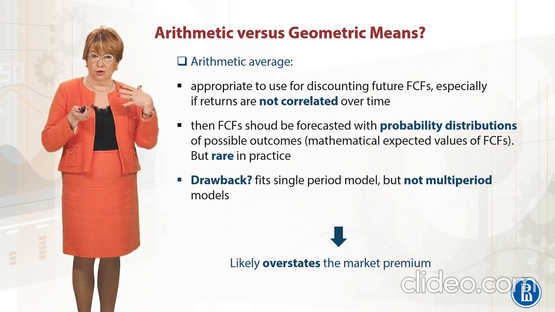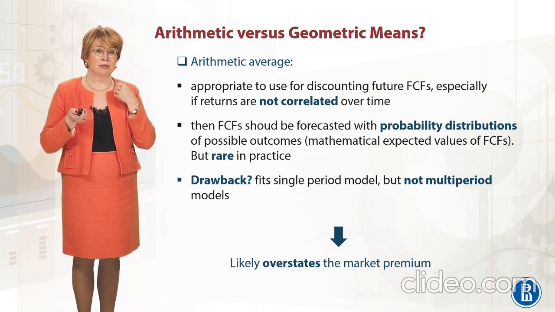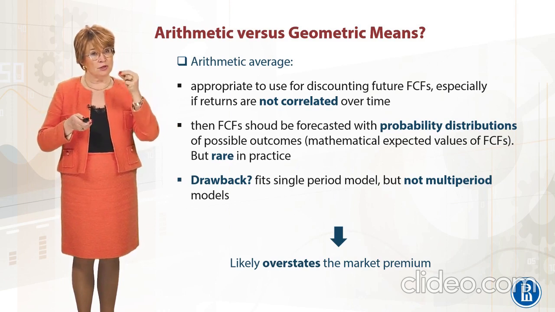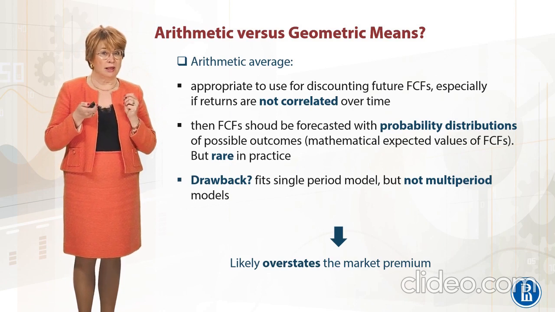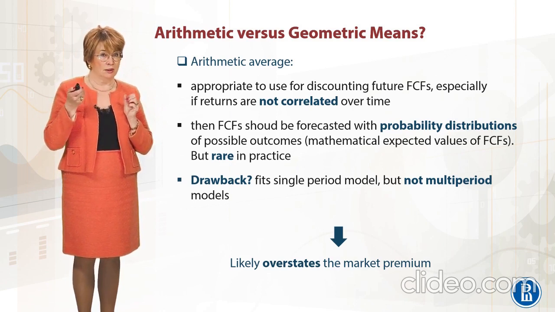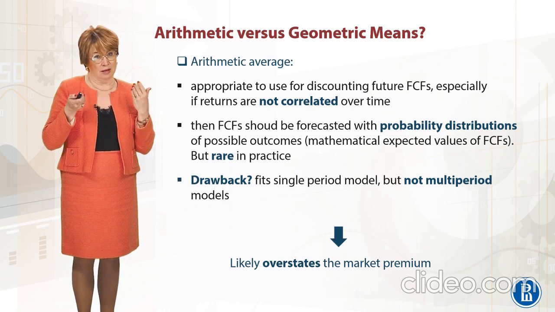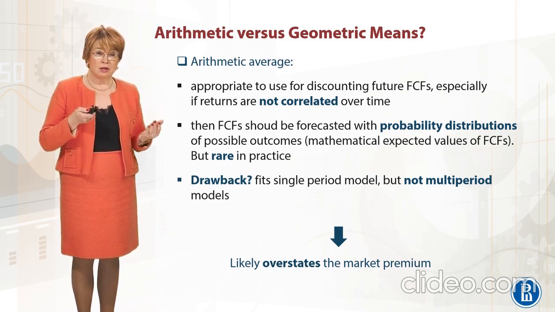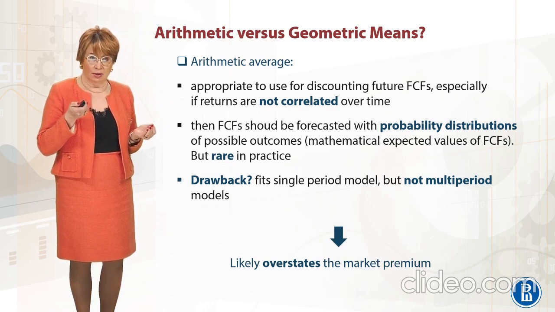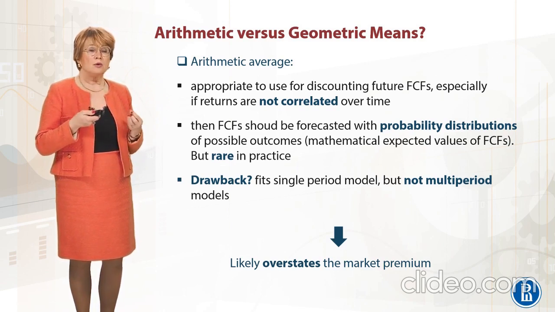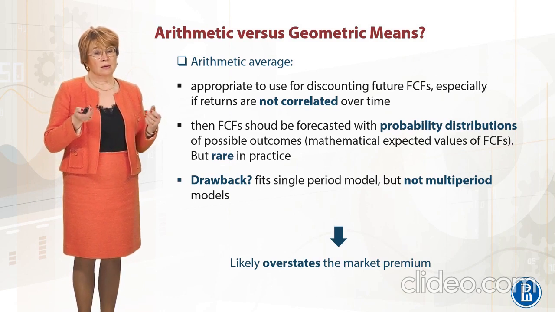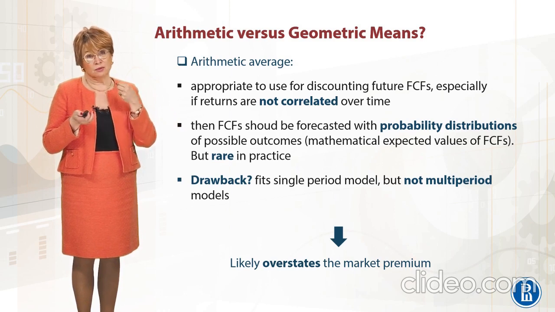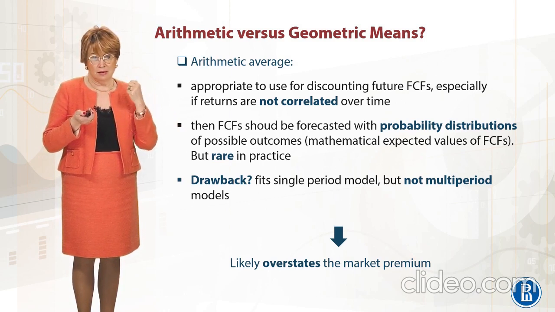But then your future cash flows should be forecasted with probability distributions. If you combine this, the forecast of future cash flows based on the probability distributions of possible outcomes or expected values of the free cash flows, and the arithmetic average of market risk premium as a component of your cost of equity analysis, then this would be the smartest, I would say, the most reasonable approach.